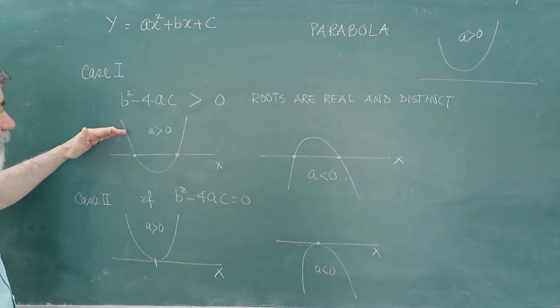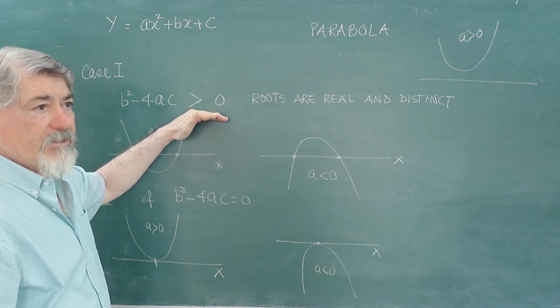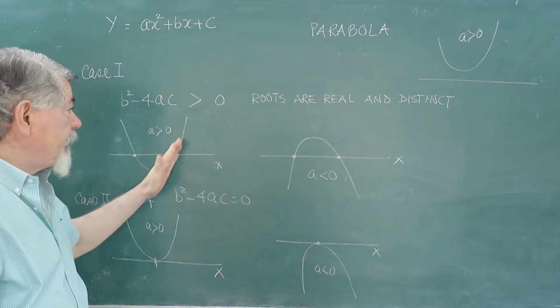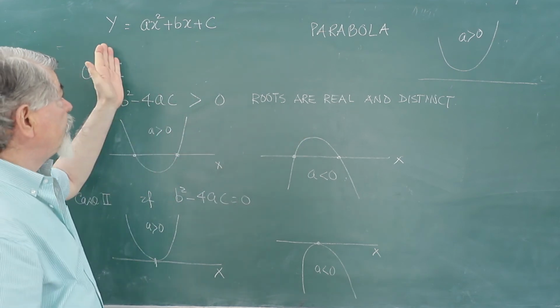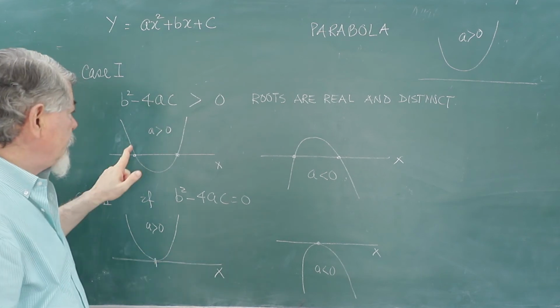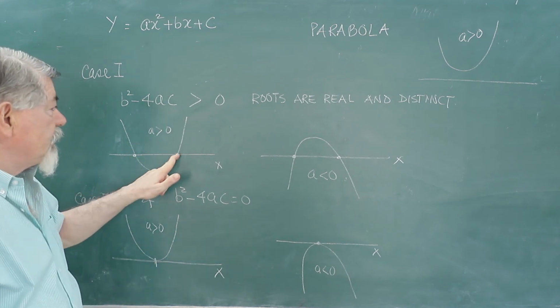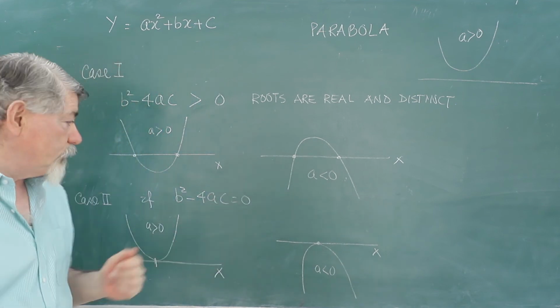This is case 1 where b square minus 4ac was greater than 0. When we drew the curve of y is equal to ax square plus bx plus c, we realized that the parabola was cutting the x-axis at 2 points and we were getting two real roots.